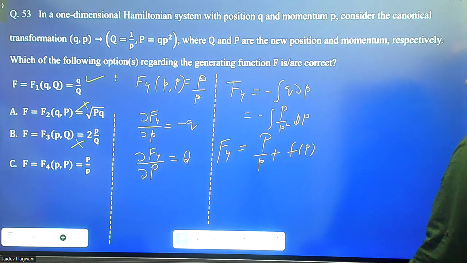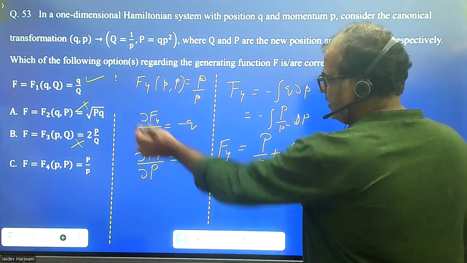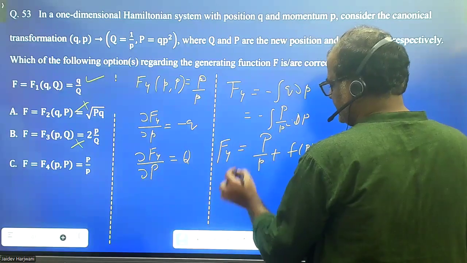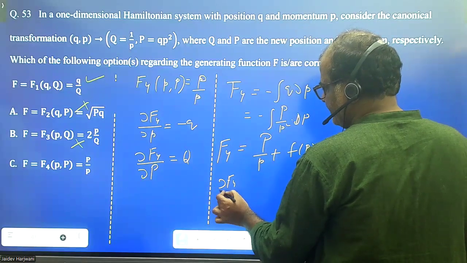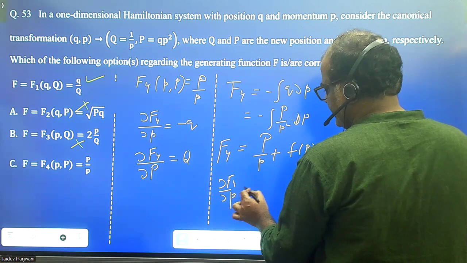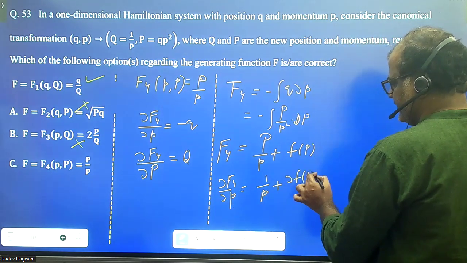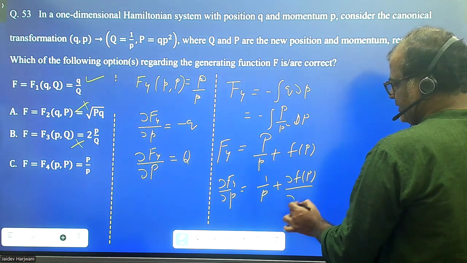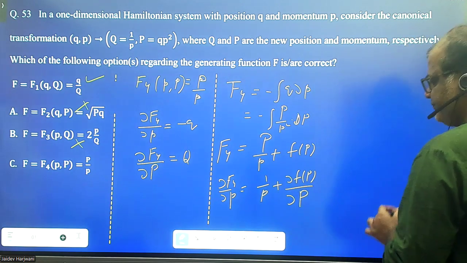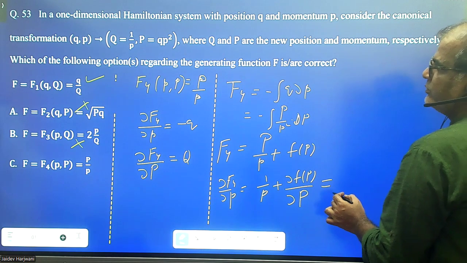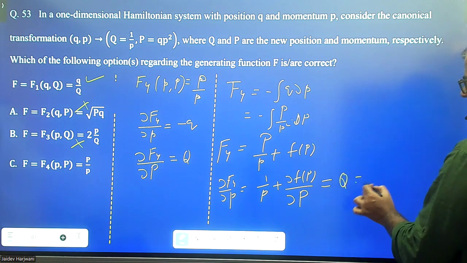And now again, if I calculate del F upon del capital P, it should come 1 upon P plus del F of P by del capital P. And now it should be equal to Q. Q is 1 upon P.